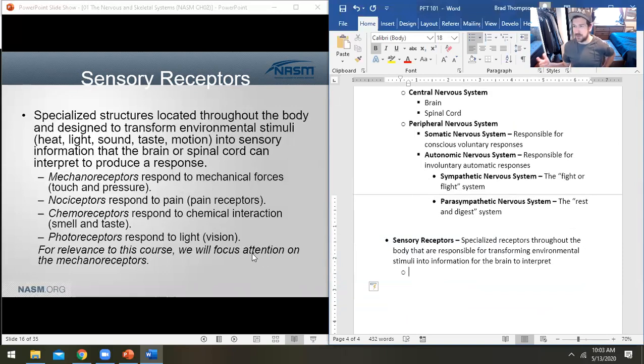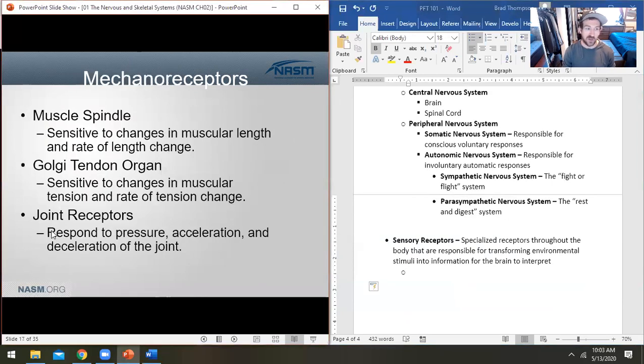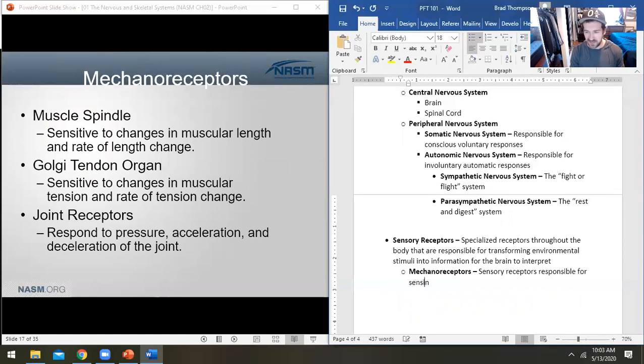So there's a lot of different types of receptors throughout our body. For our relevance, we're gonna talk about mechanoreceptors. Mechanoreceptors are sensory receptors responsible for sensing mechanical, or you can think of it as physical, changes in the environment, right?